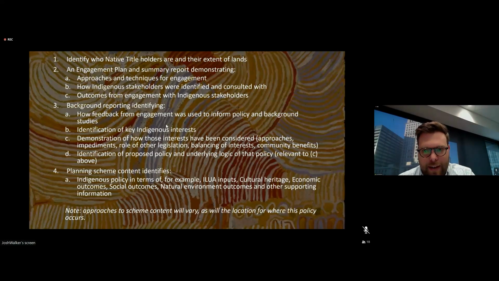But again, as we've been saying throughout, there's no silver bullet, and this is the bare minimum you must do. But what's provided on this slide here really helps you to understand what will be looked for when an assessment of those planning schemes and planning scheme amendments are undertaken.